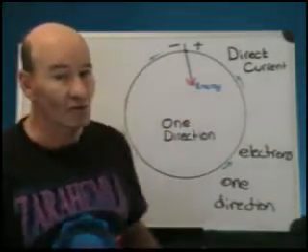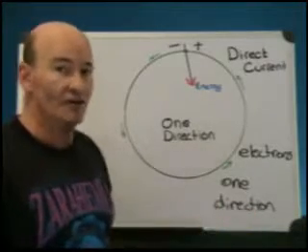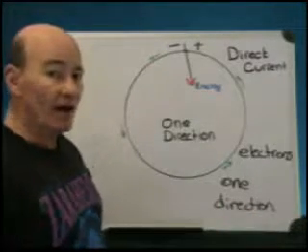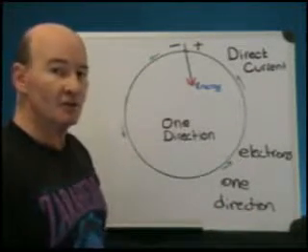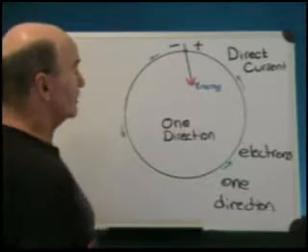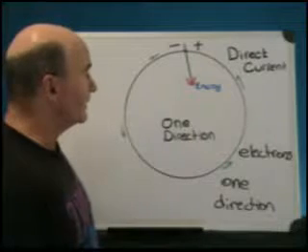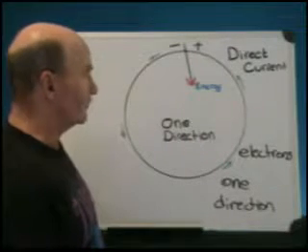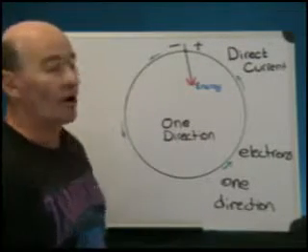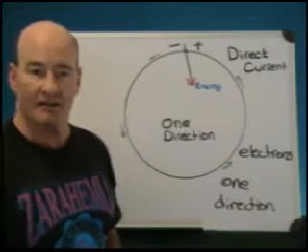At least two. And you can think of it in terms of that. So that is the primary difference between alternating current and direct current. And that's why American households generally use alternating current at 60 cycles per second.